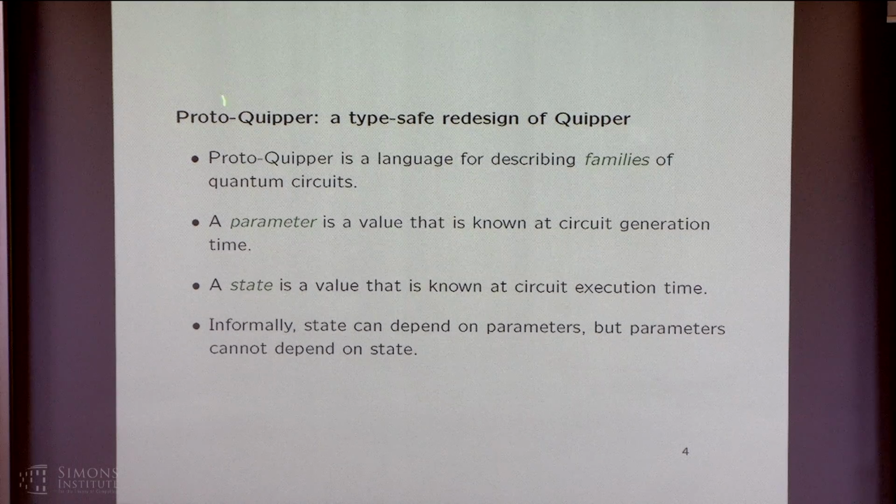We call these languages Proto-Quipper. All of the languages that we might develop that are Quipper-like are currently called Proto-Quipper, for prototype Quipper. What I want to tell you about today is that we now have a denotational semantics for Proto-Quipper, which I think is quite neat.